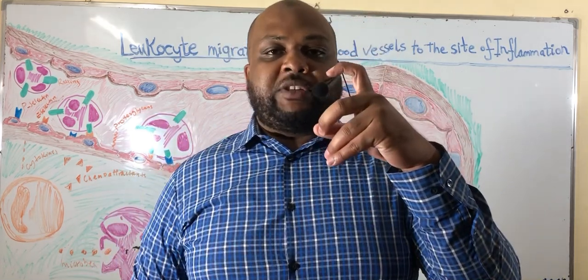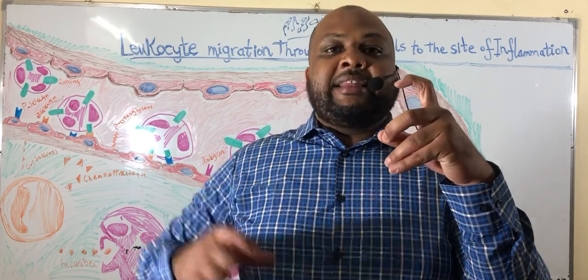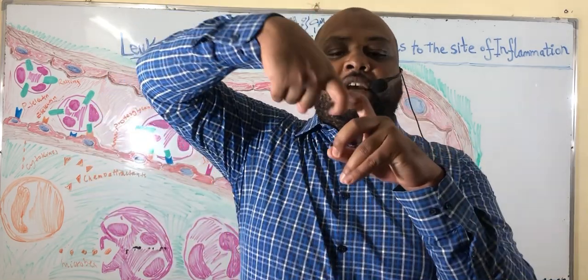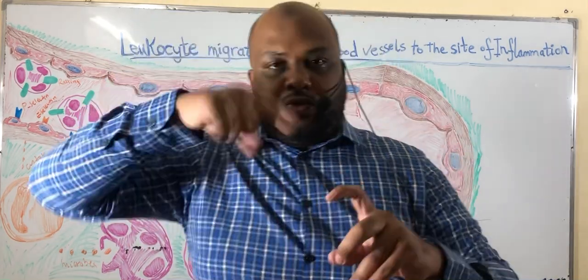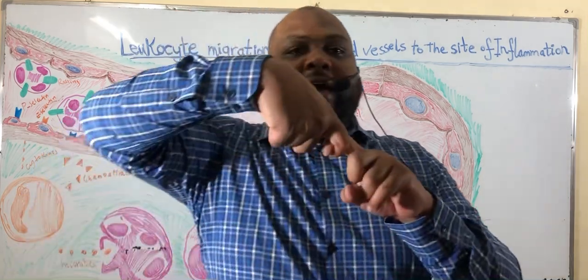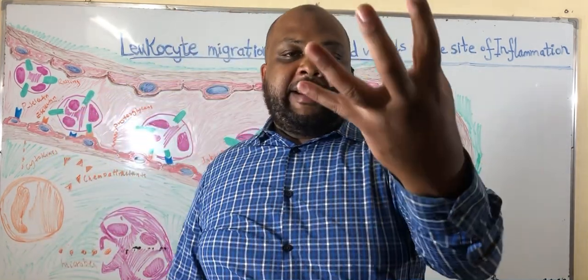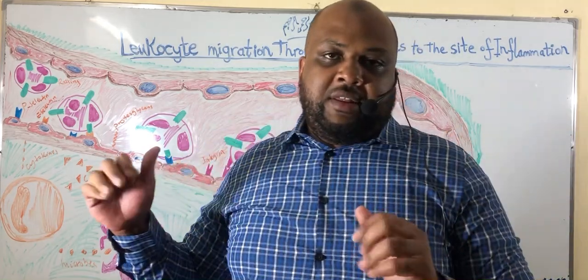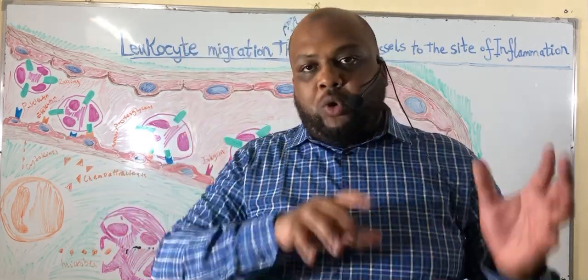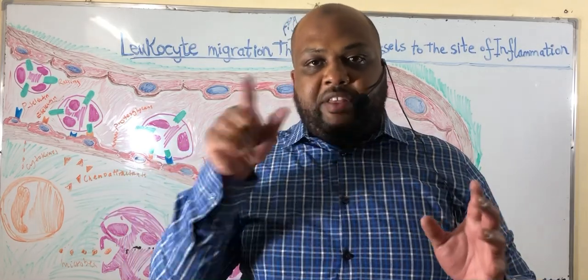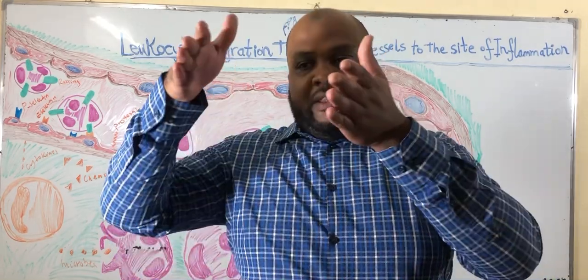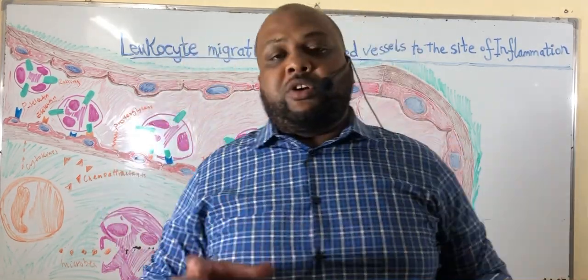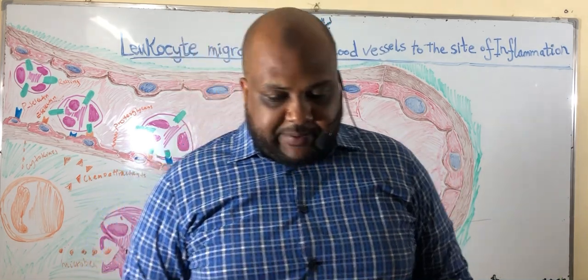These selectin proteins are receptors that bind, like hooks, to the white blood cells and grab them and begin to roll, as we will see in a little bit, and bring them to the site where they will transmigrate through the interendothelial gaps.